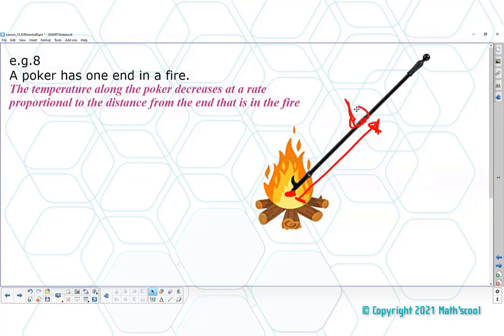But if you touched it here, maybe you'd just scald your hand a little bit. And if you touched it here, maybe it'd be absolutely fine. It might feel hot, but it won't harm you. So the temperature is going to decrease as you go away from the bit that's in the fire.